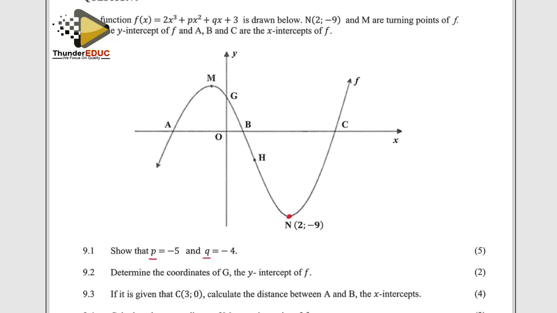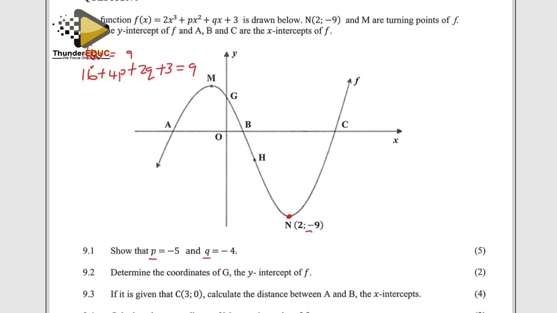So I can start by substituting these coordinates first and say, what is my f of 2? So f of 2 must give me negative 9. Okay, substitute there. It's going to be 2 into 2 cubed, which is 16, plus 2 squared is 4, so that's 4p, plus 2q, plus 3, must give us negative 9.